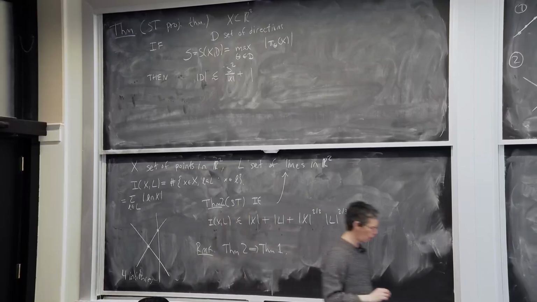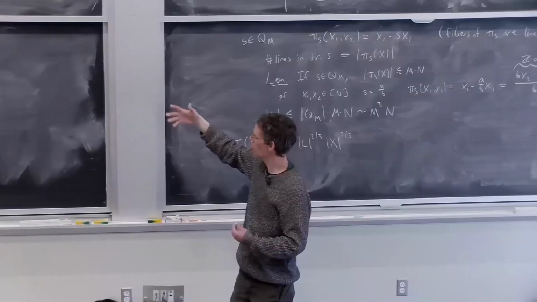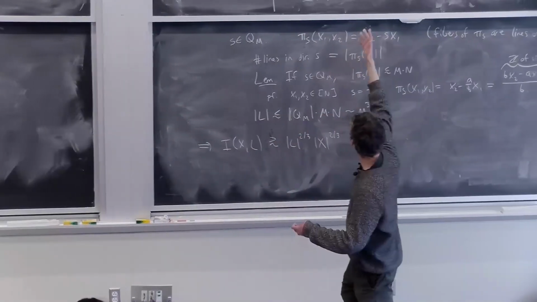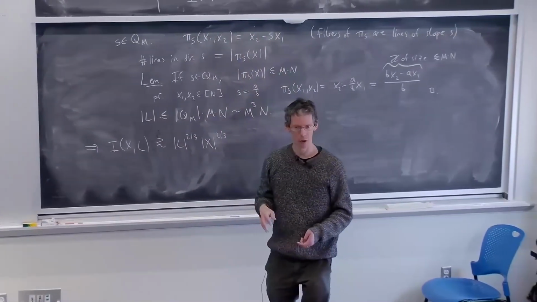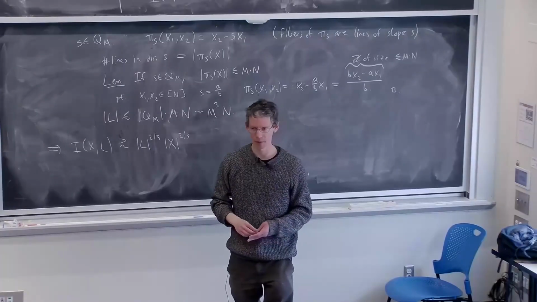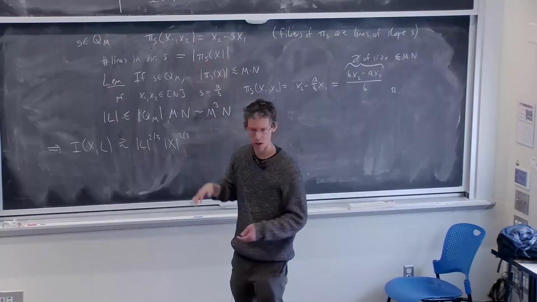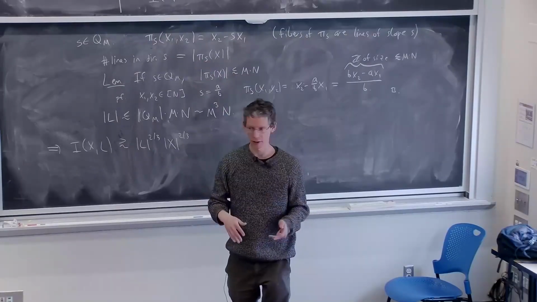OK. Now, another question that came up on the first day is, are there other examples in projection theory besides this square grid that also are sharp for Szemeredi-Trotter? And there are very few that are known. But since we just did this, I can tell you a bit the other ones.